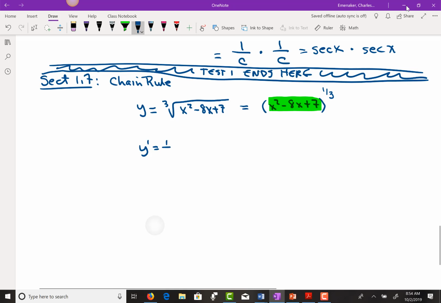So the derivative of that is going to be a 1/3 whatever is inside to the negative 2/3. Does that make sense? Where the 1/3 goes, where did the negative 2/3 come from? The 1/3 minus 1. Now, on the inside, guess what goes there?